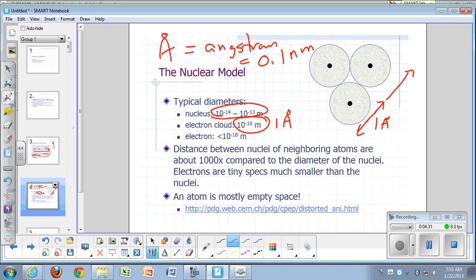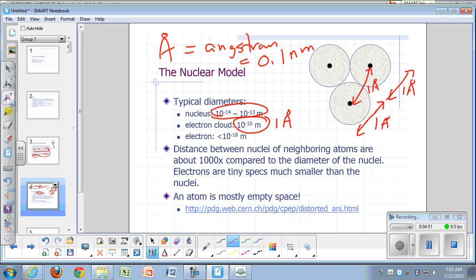That diameter is approximately 1 angstrom, anywhere between 1 to 2 angstroms. So the nucleus to nucleus distance is about 1 to 2 angstroms. That's as close as you can get atoms to be in nature.